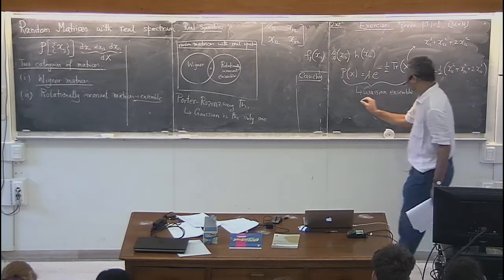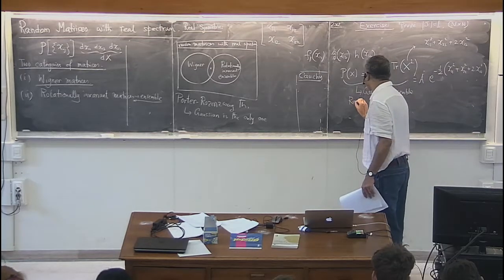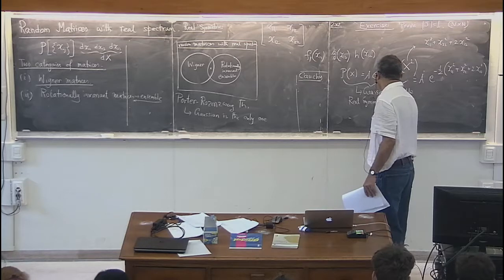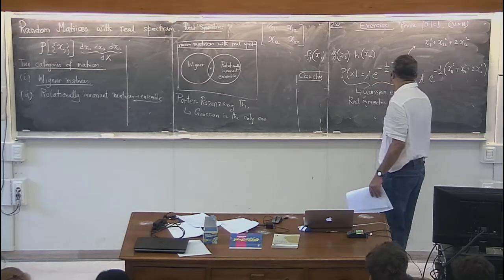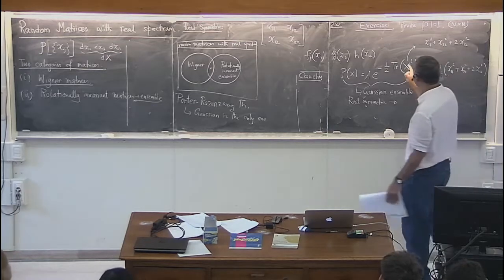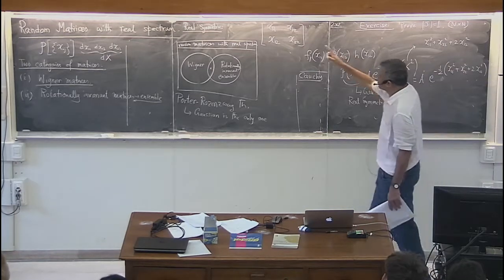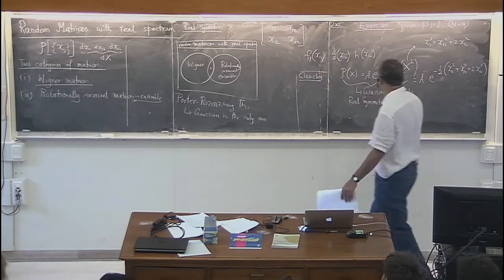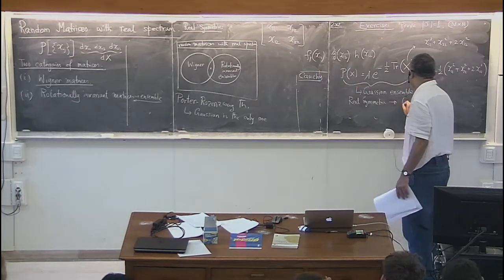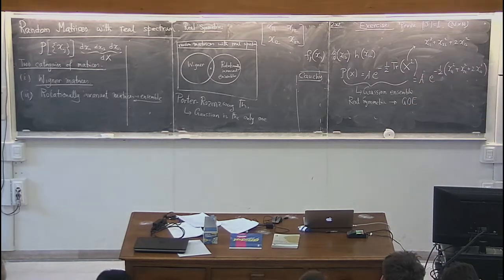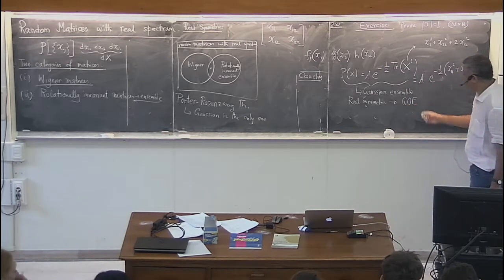If it is a real symmetric matrix, then this is invariant under an orthogonal rotation, because for a real symmetric matrix the transformation that diagonalizes it is an orthogonal transformation. So these are called the Gaussian orthogonal ensemble, GOE. You have seen these terms before.